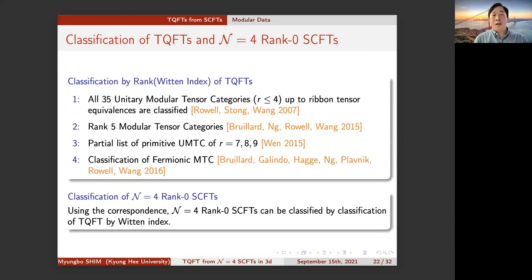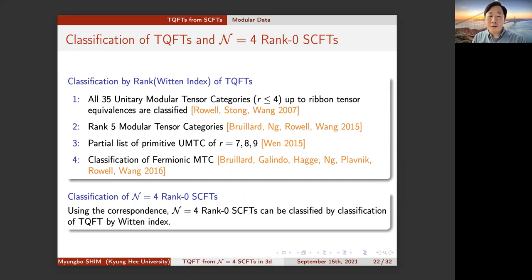The classification of topological field theories by the rank of the modular tensor category or Witten index has been done intensively by mathematicians over the decades.